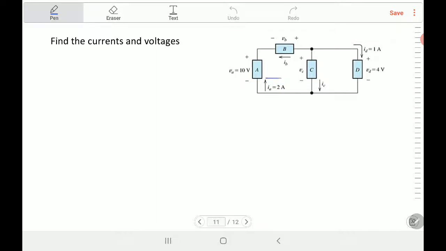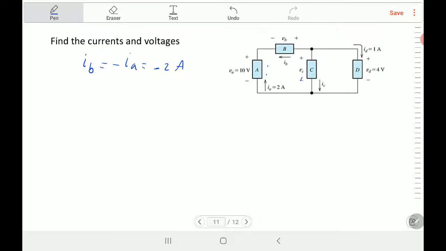So if you call IA going like that, IB is equal to minus IA, because the current in this direction has to be like the current in the other direction. So IB is equal to minus IA, which means minus 2 ampere. See, the answer is very simple.